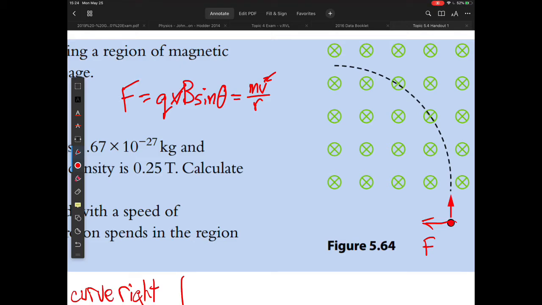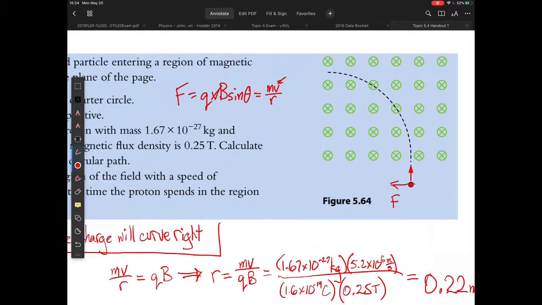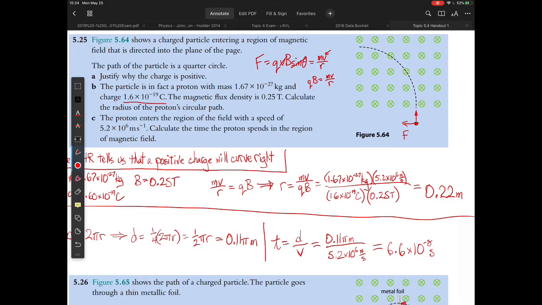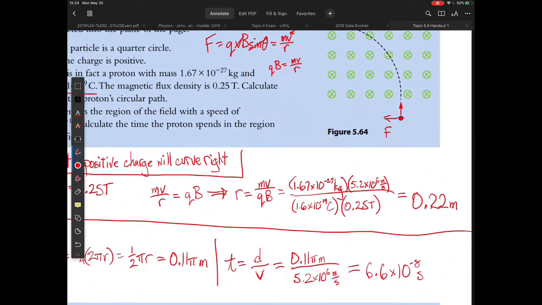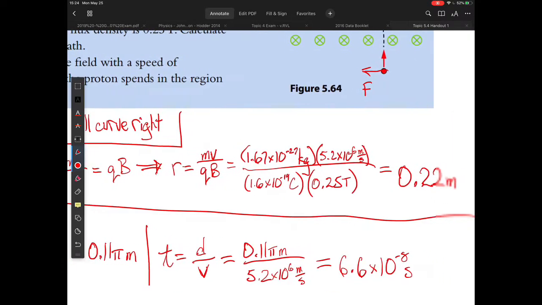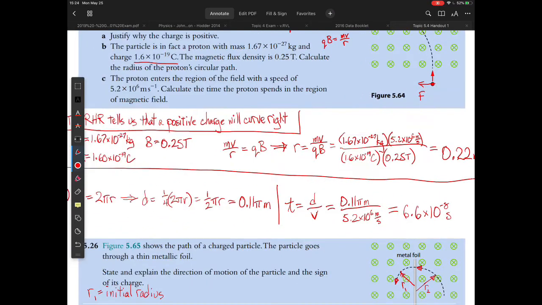And in this case, our motion is perpendicular to the field, so that cancels out sine of theta, leaving the charge times magnetic field strength equals mass times velocity divided by radius. Okay, once you know that, then it's a very simple matter to rearrange the equation and solve for radius and plug in your values, and you will find that your radius is 0.22 meters after you have done that.